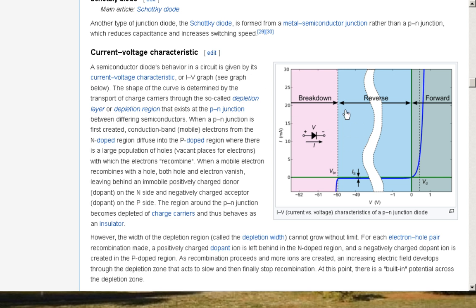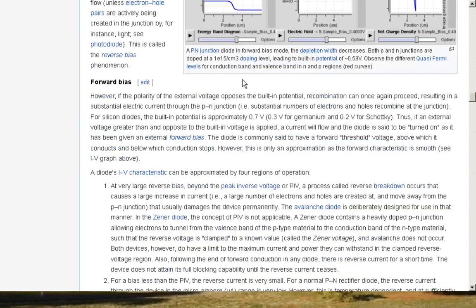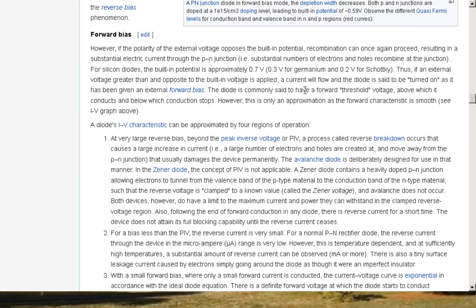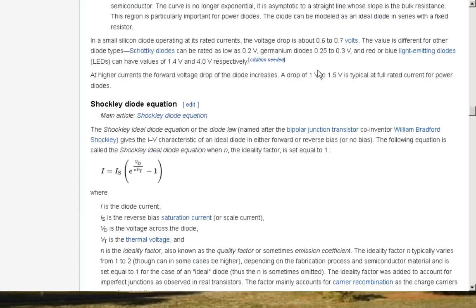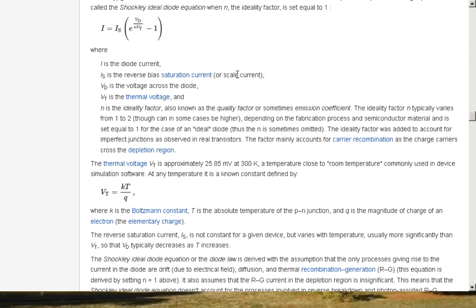That's the voltage and current relationship. See, it's 0.3 volts for germanium, 0.7 volts for silicon. That's what that ideal diode was talking about there. Here's the equation for the diode. And so it talks about V_T again. Oh, V_T's up here.